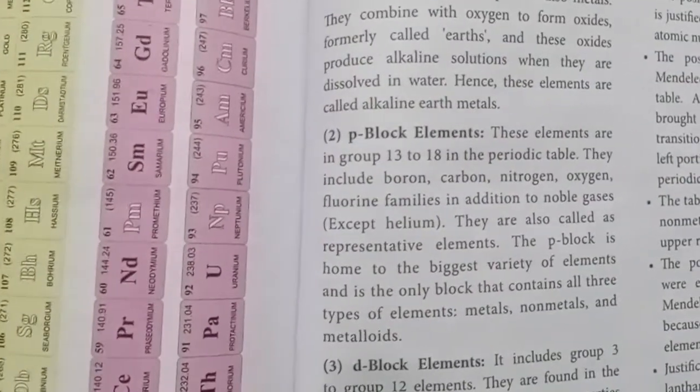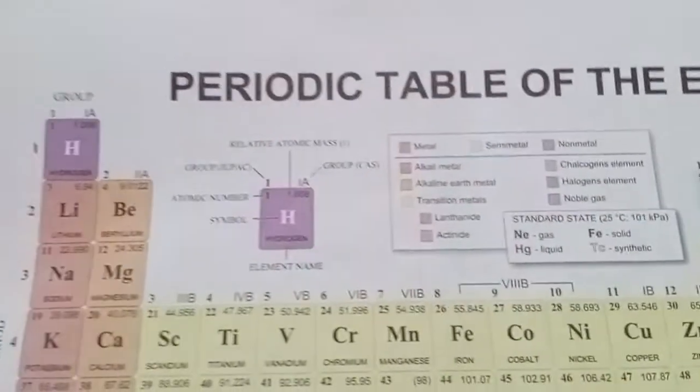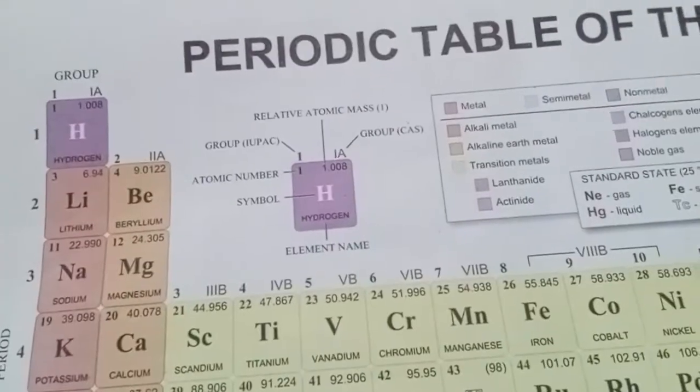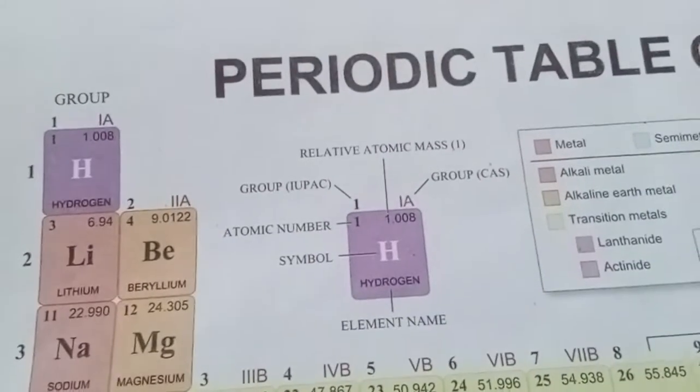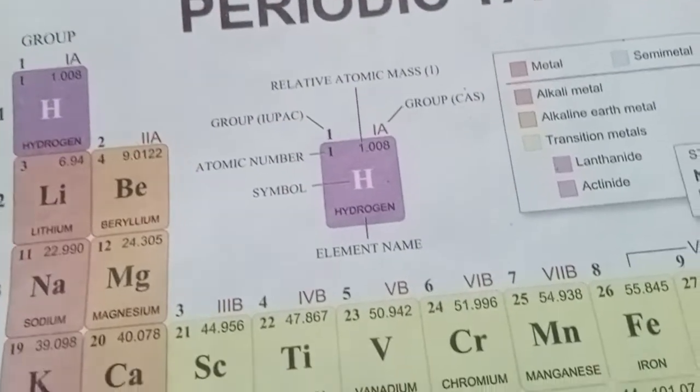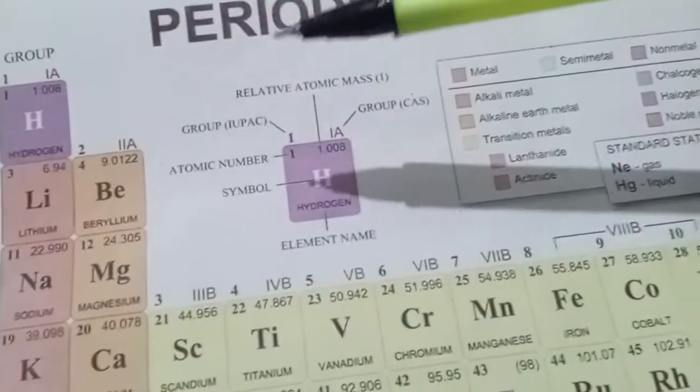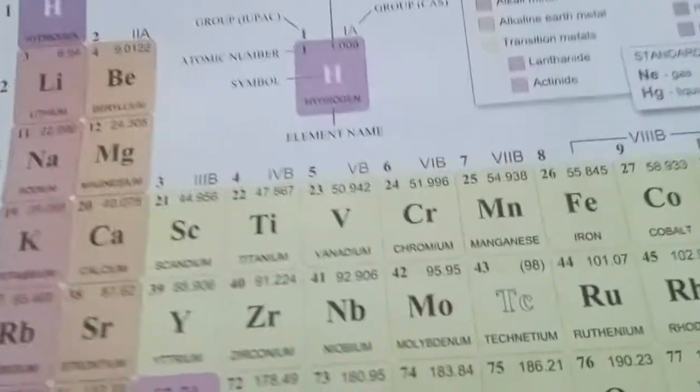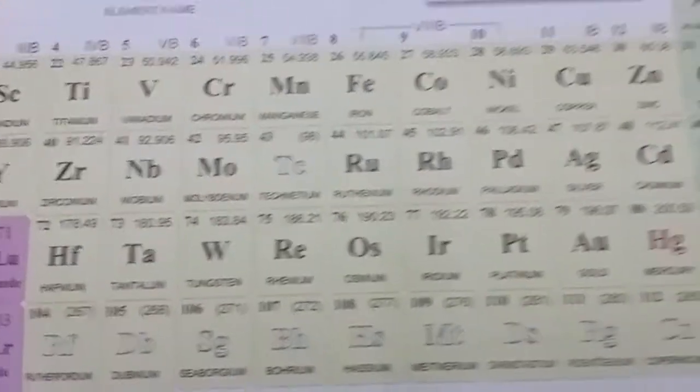And what is the periodic table of elements? See the modern periodic table of the elements. Here the first column is known as 1A and 2A, and the third one, fourth one, fifth one, like that.